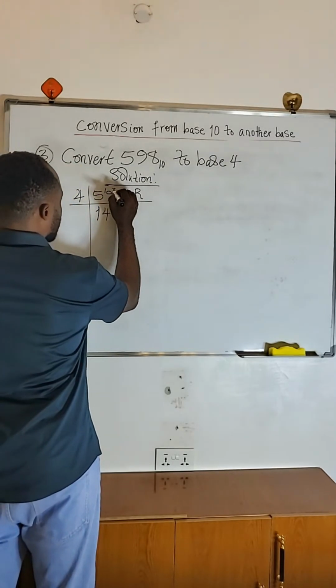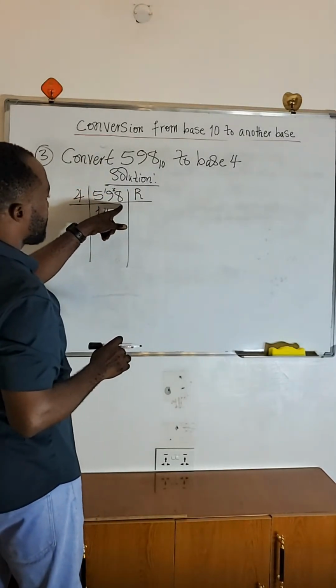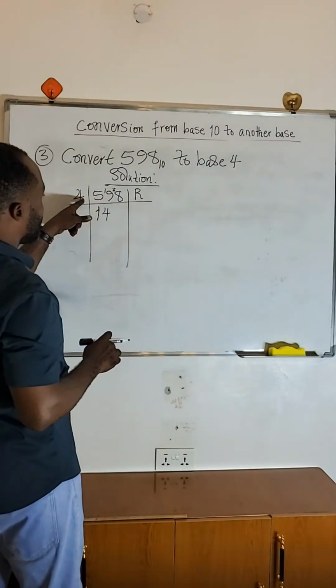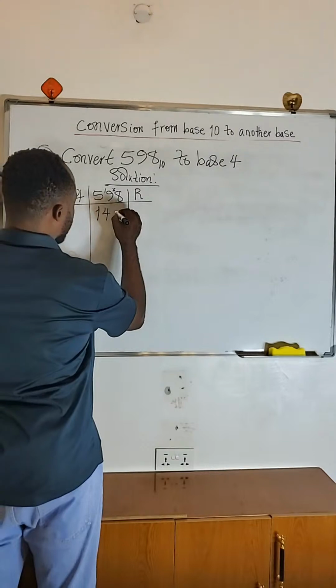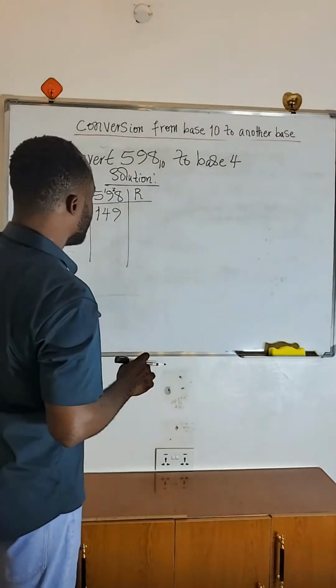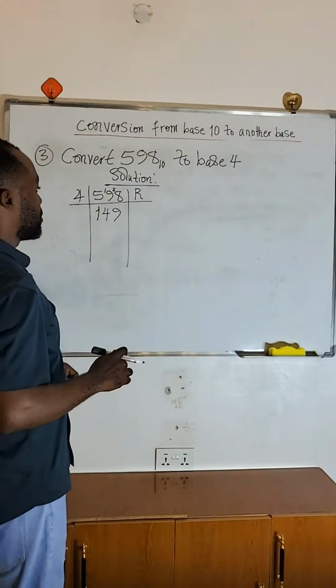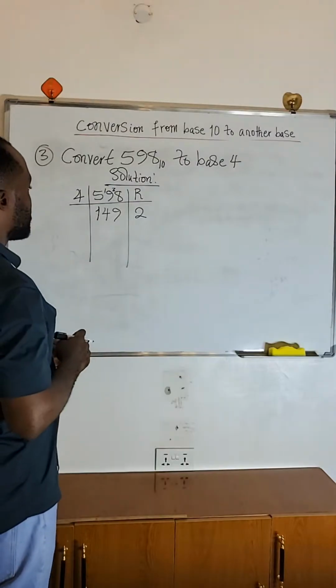We now add 3 here. So this becomes 38. Now, 4 goes into 38 how many times? 9, because 4 times 9 is 36. So, remainder 2.